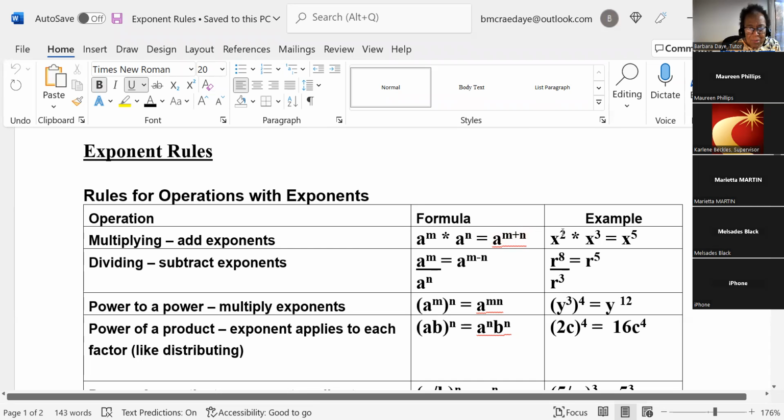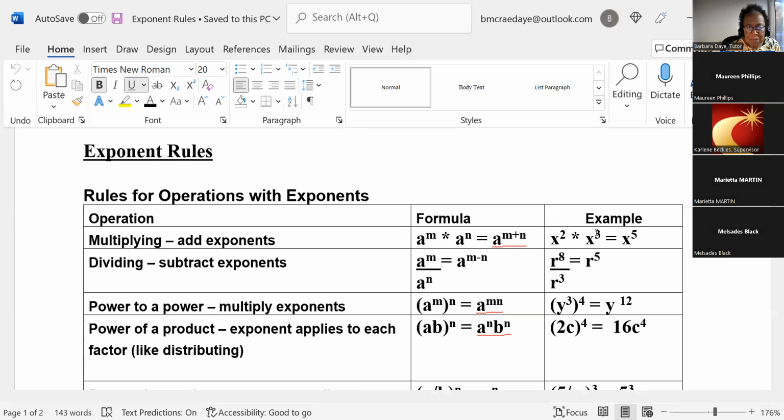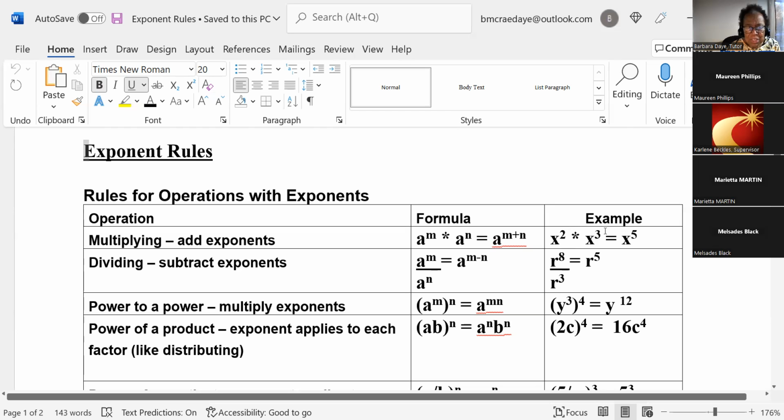Well, what's the power on this X right here? It's a 2. What about this X? It's a 3. And if I add the 2 plus the 3, what do I get? 5.